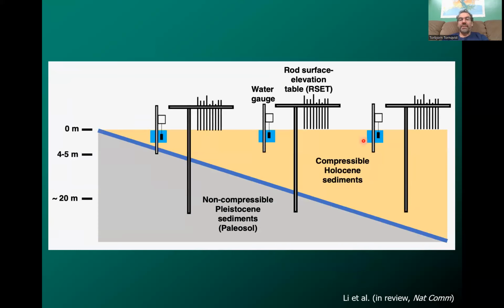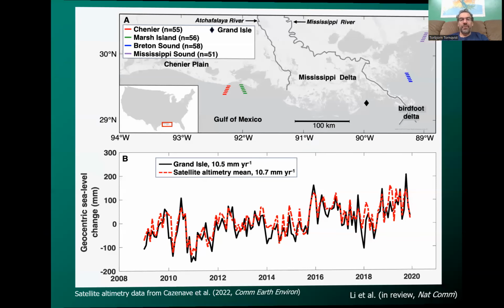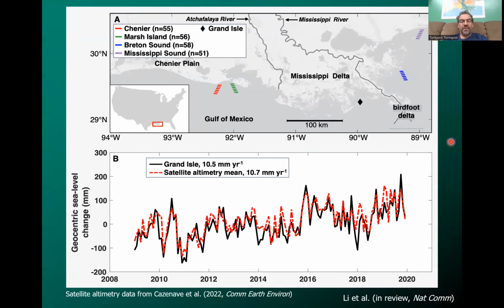So in most cases, they're literally sitting in this very compressible Holocene succession. So in order to tie those things together, you actually have to accommodate or address that difference in foundation. Again, I'm happy to answer questions about how that was done, but that's perhaps a little bit beyond the scope of this relatively short talk.